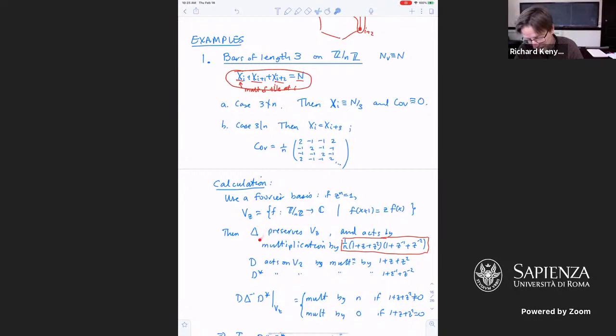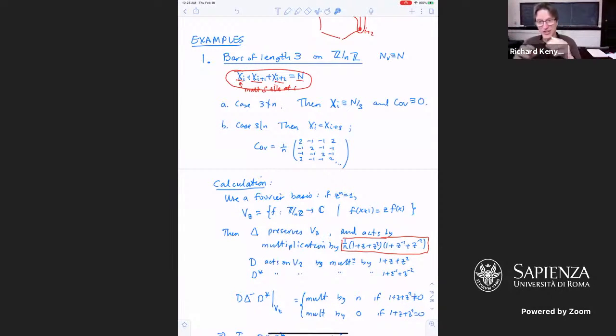And then you can see that the Laplacian, the tile Laplacian, preserves these 1-dimensional Vz spaces, and the corresponding eigenvalue looks like this. This is like the characteristic function of a tile. A tile has 3 vertices, at I, I plus 1 and I plus 2.